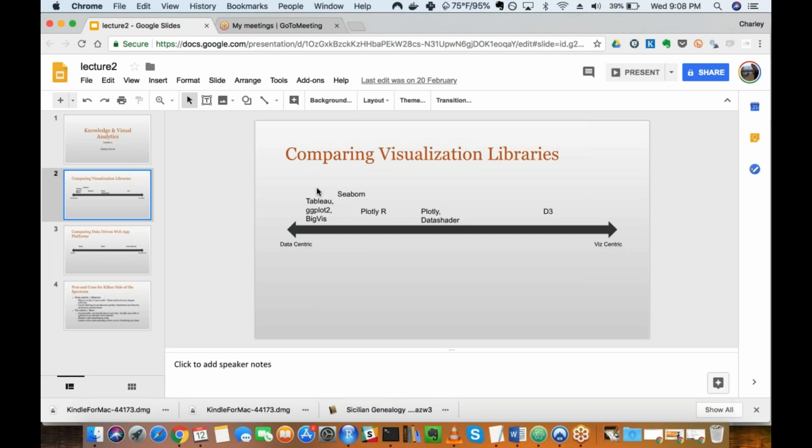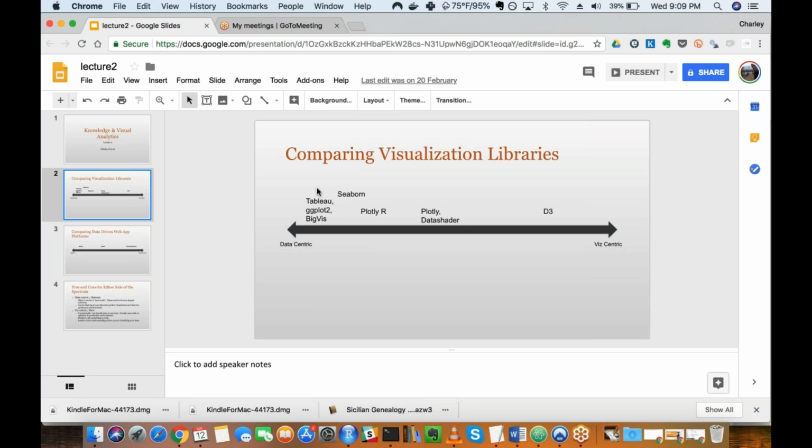The pro of this is, assuming you've cleaned your data, it makes things very easy. In a tool like Tableau, it's pretty simple to pick how you're aggregating your data and map that onto whatever Tableau dashboard you're creating.